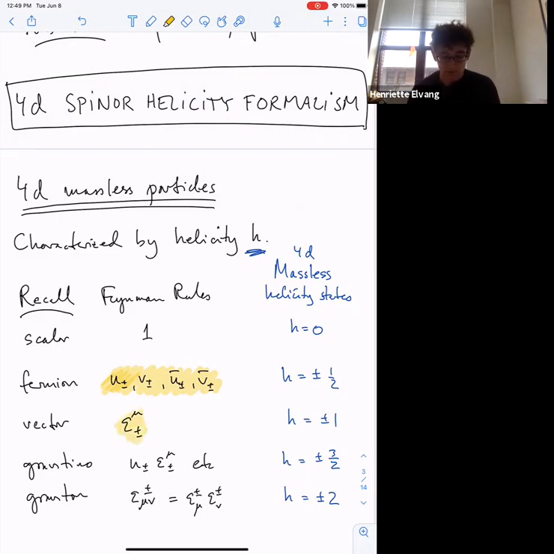They come dressed with polarization vectors as the external Feynman rules. And these have helicities that are plus and minus 1. And we'll also encounter later on gravitinos and gravitons with respectively spin 3/2 and 2. And so they have helicities plus minus 3/2 and plus minus 2. And the polarizations can be made out of the polarizations of the spin 1/2 fermions and the spin 1 vectors, as I've indicated here. So all we need to figure out really is how to deal with spin 1/2 and spin 1.